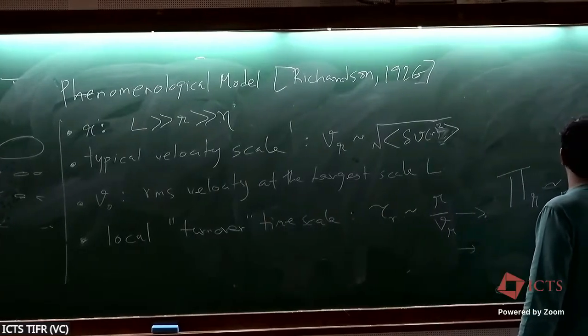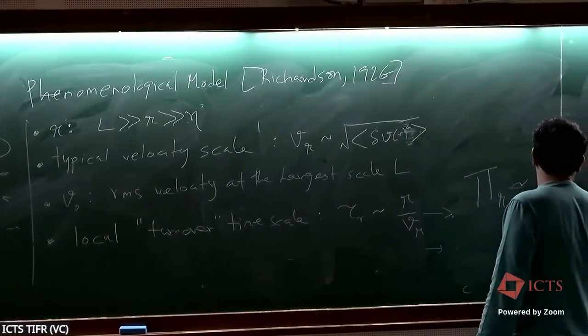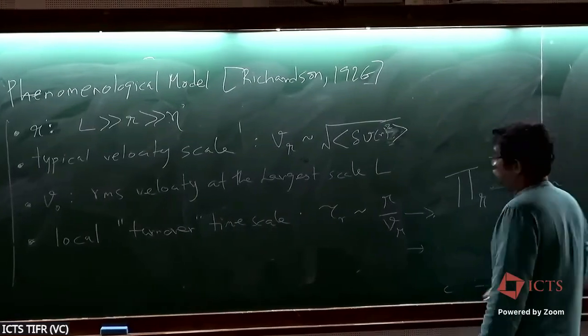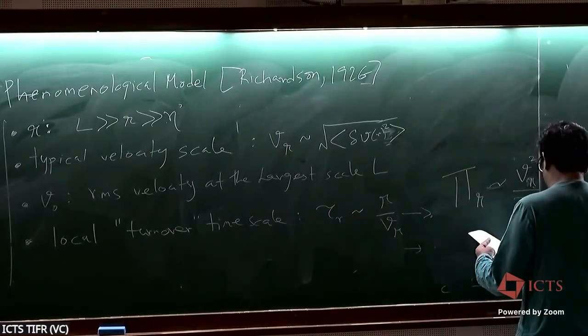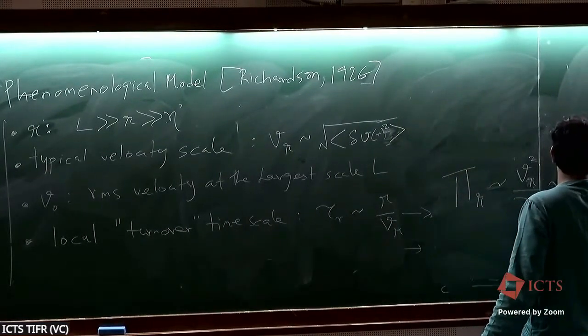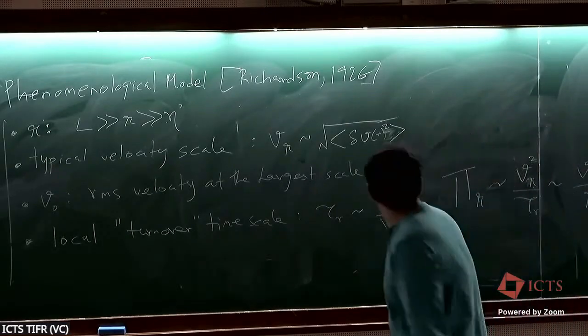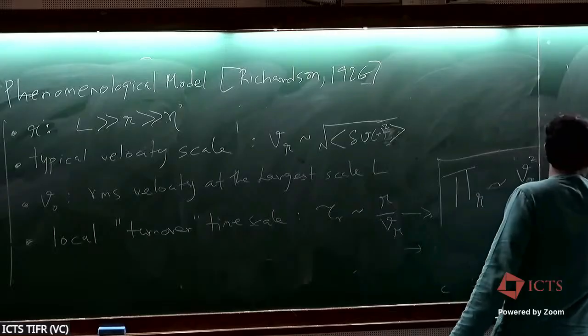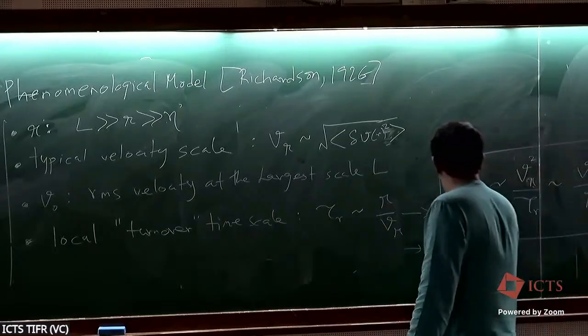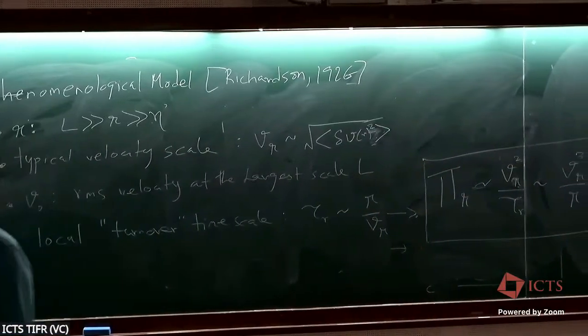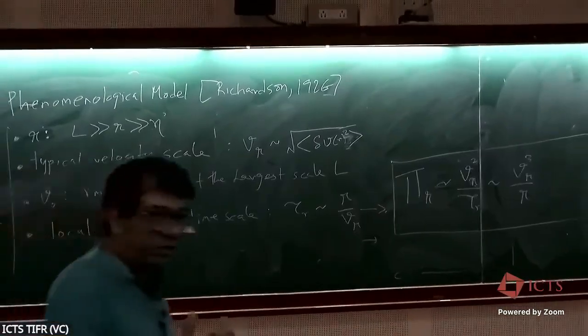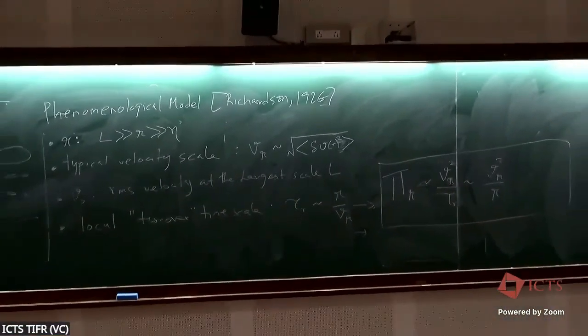I don't really worry about constants over tau_R, which if I put all of this back together, essentially gives me V_R cubed. That's the loose sort of phenomenology on which we have started building things.